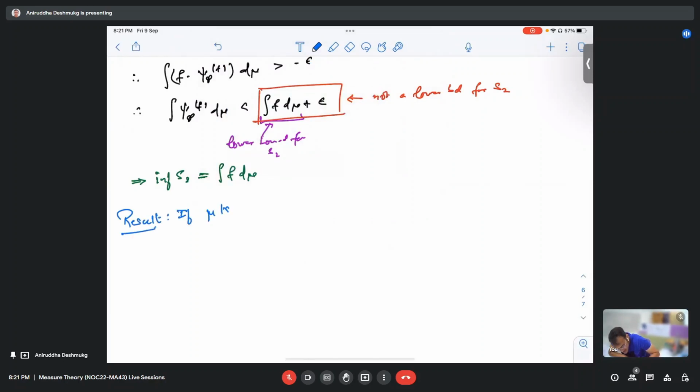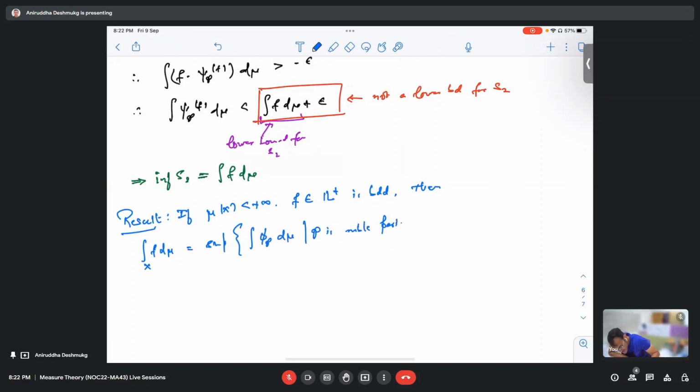If the measure of the whole space is finite and f is a bounded measurable non-negative function, then the integral of f d mu is equal to the supremum of L_P, where P is a measurable partition. It is also equal to the infimum of C_P, where P is a measurable partition.